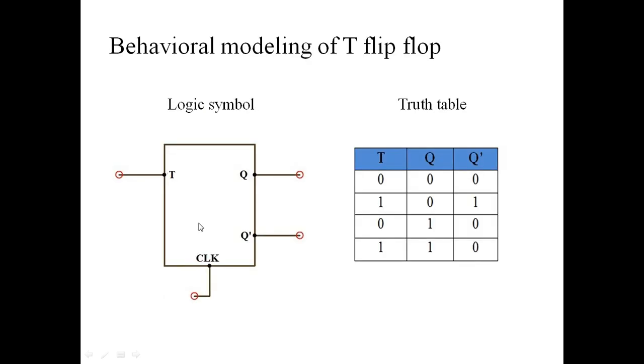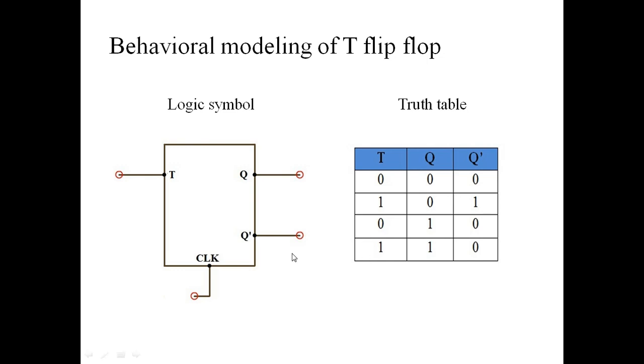Next type of flip-flop is T flip-flop. T flip-flop is also known as toggle flip-flop. Okay, toggle is to change the output to complement of the previous state in the presence of clock signal.